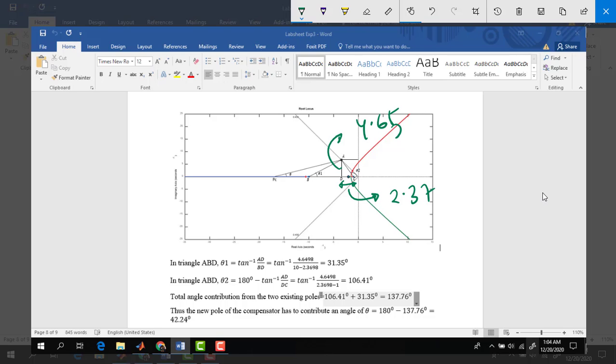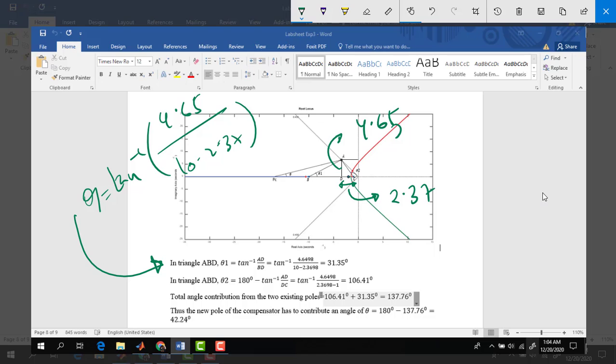I'm just rounding it a bit. So you can easily calculate theta 1. Again, I'm calculating this tan inverse of 4.65 by this value. So this is basically 10 minus 2.37. So you can get the theta 1 from this calculation. Theta 1 is 31.65 degrees.